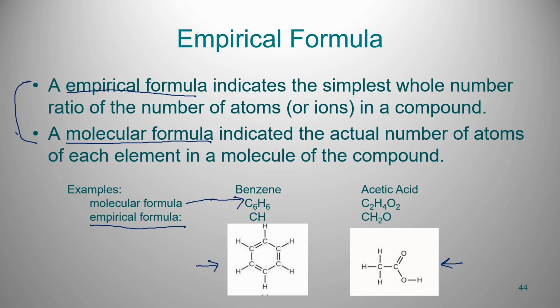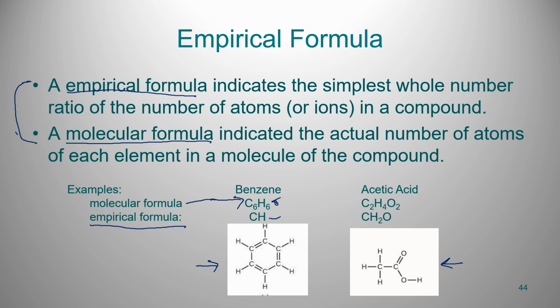So the empirical formula for benzene is CH. It doesn't mean the molecule only has 1 C and 1 H, it's just telling us the ratio: there's 1 C for every 1 H. Acetic acid has an empirical formula of CH2O, so that's the lowest ratio, 1 C to 2 hydrogens to 1 O. Now, notice that these are just multiples, so benzene is a multiple of 6.